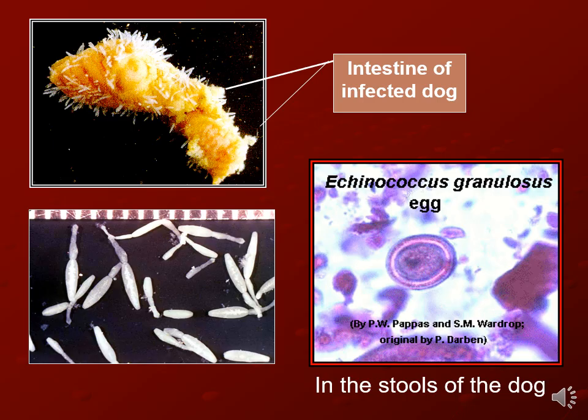In the lower panel you can see those adults put in a petri dish, and then the characteristic egg. However, although the egg looks like a Taenia egg, we are not really much interested in it because it's excreted by the dog, not by humans. And what we do in clinical medicine is examine human excreta, the stools of humans.